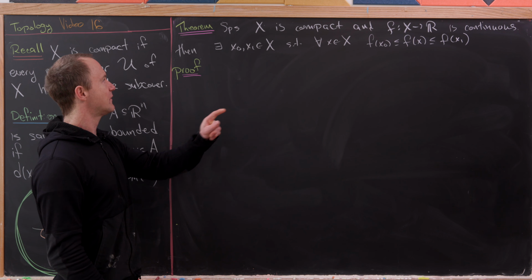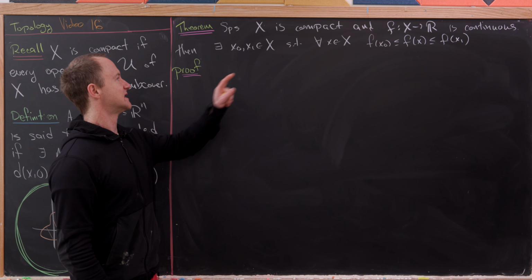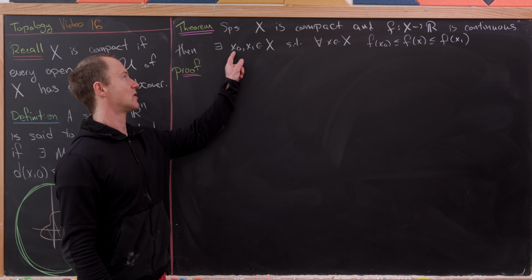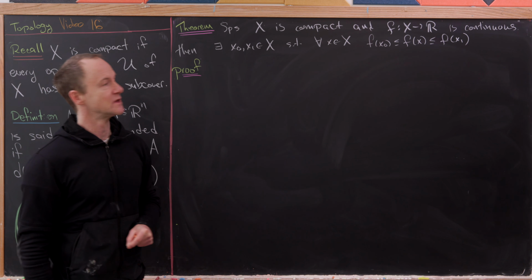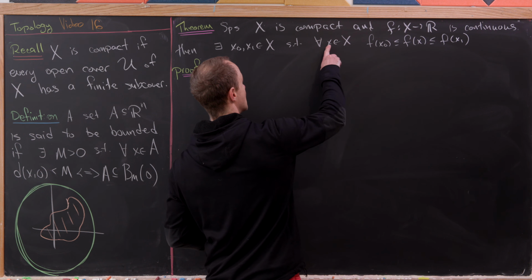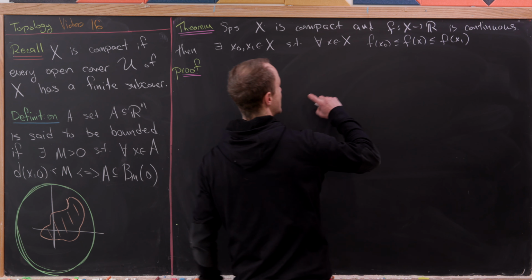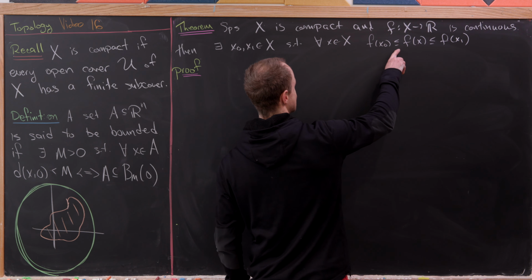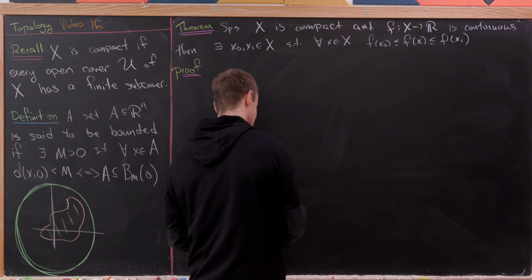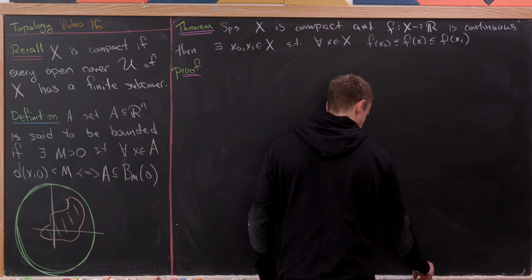Okay, so anyway, if you've got that set up, then there exist elements of X, which we'll call x0 and x1, so that for all little x in big X, we have f of x0 is less than or equal to f of x, which is less than or equal to f of x1.